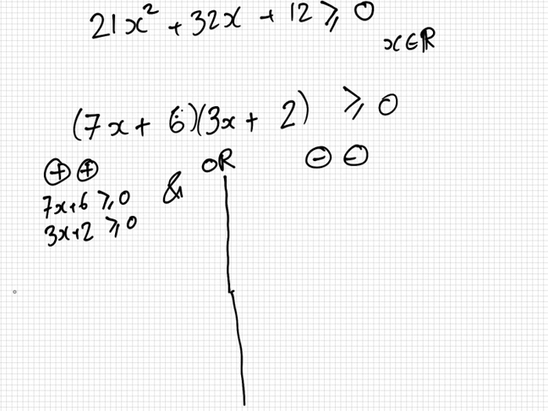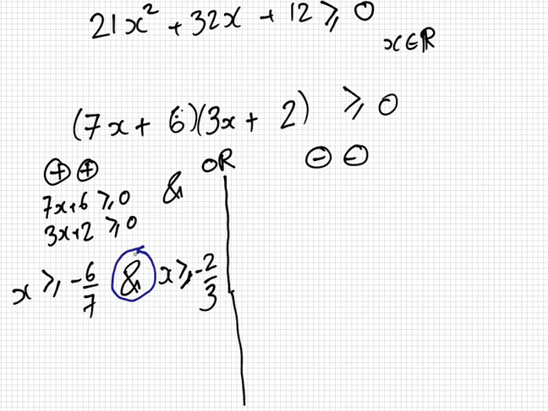So this means x must be greater than or equal to minus 6 over 7, and x must be greater than or equal to minus 2 over 3. Now, this and here is very important because we need both of these to be true at the same time.